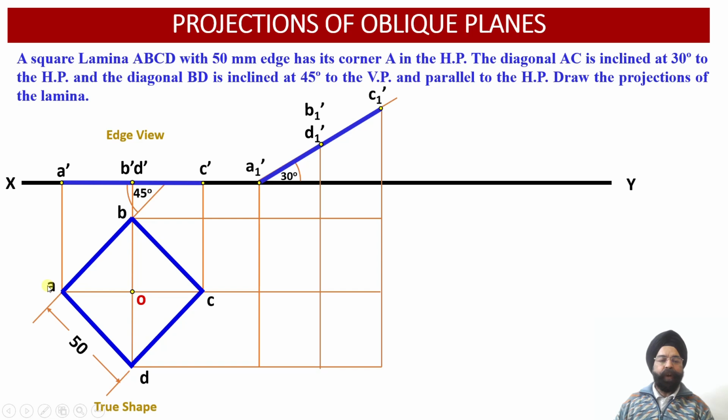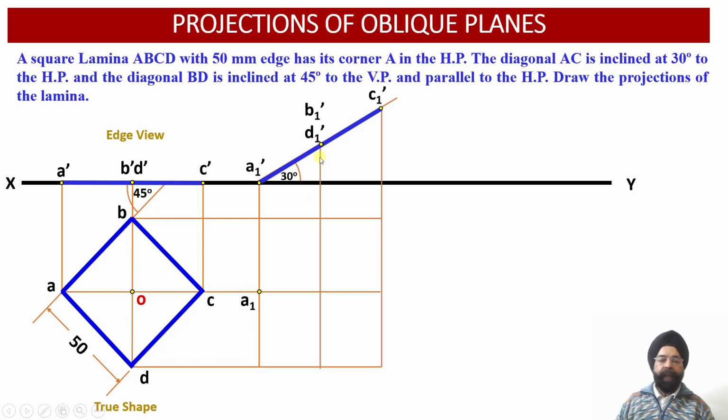And similarly from these points A, B, C and D, we have drawn the horizontal projector lines, and we will work out the corresponding points of intersection of this elevation view and this plan view which we had obtained previously. We can check the vertical projector line through A1 dash and the horizontal projector line through A. They intersect at this point. So point A1 will be located over here.